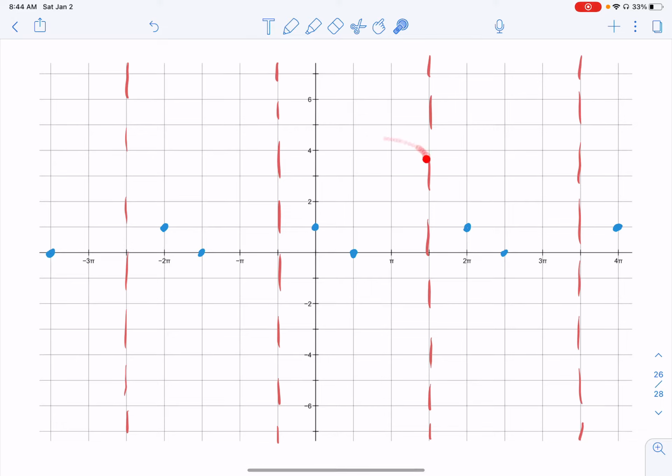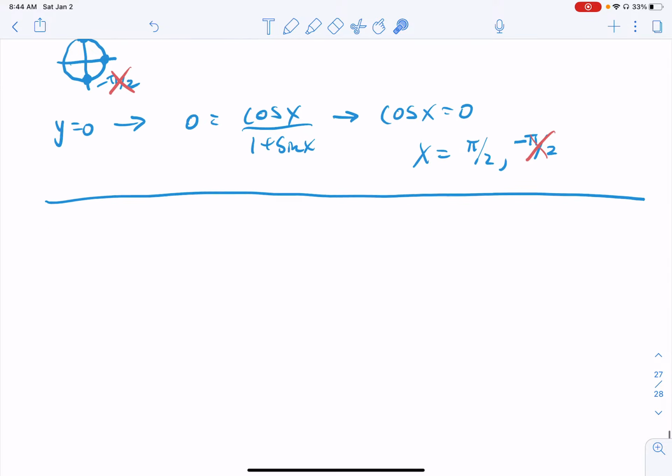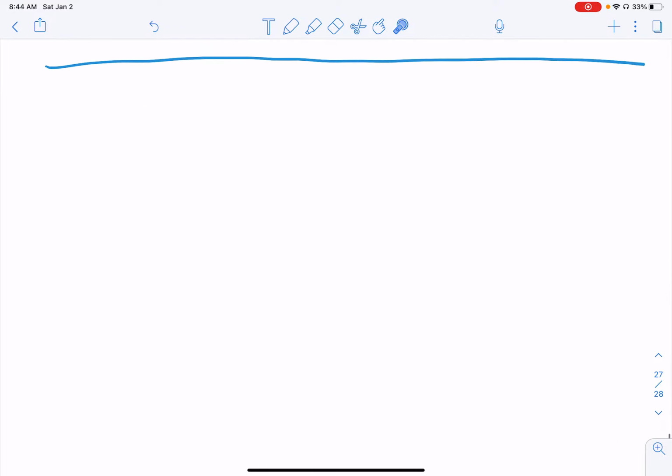It may be symmetric inside of each one of these little intervals, if it has translational symmetry. But I will go through the motions just because you might have to do it on another one that does turn out to be symmetric to the y-axis or to the origin.